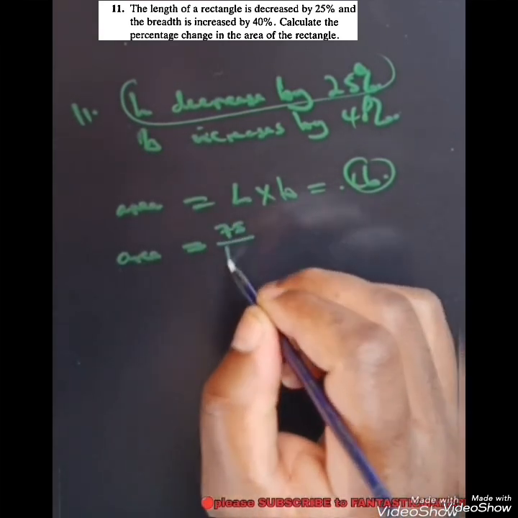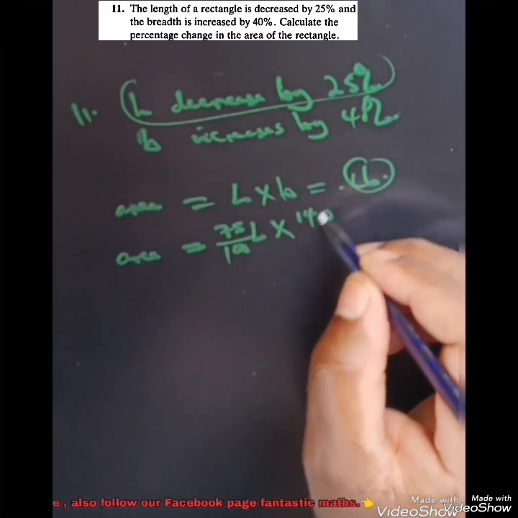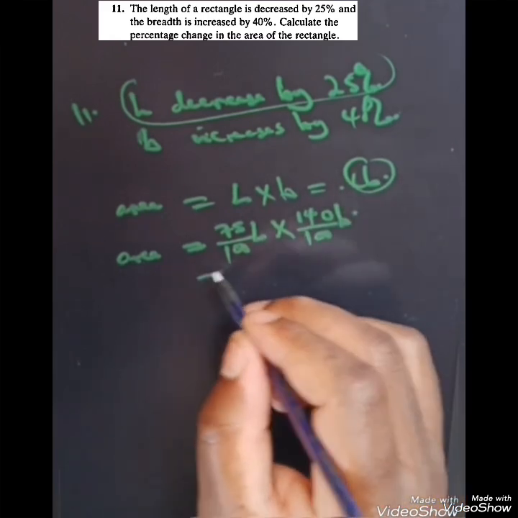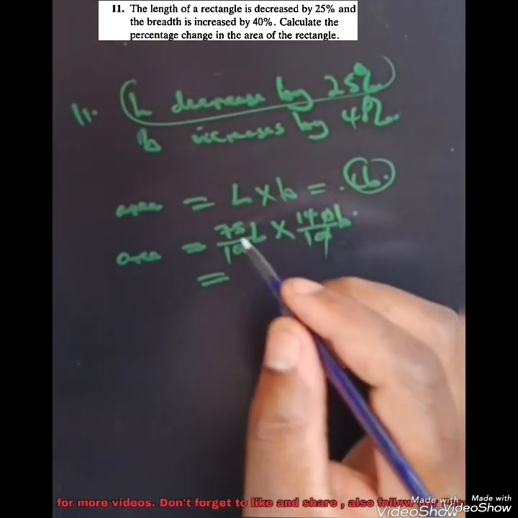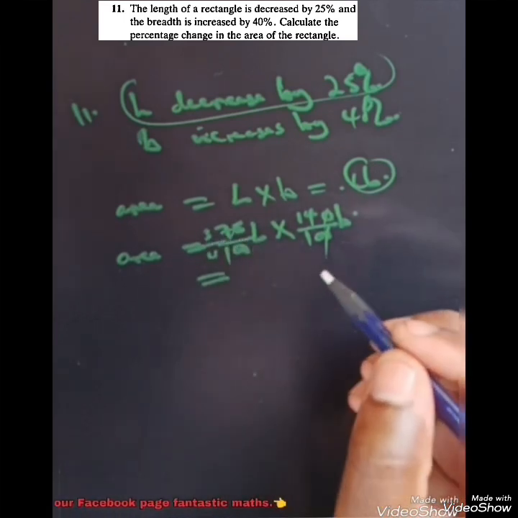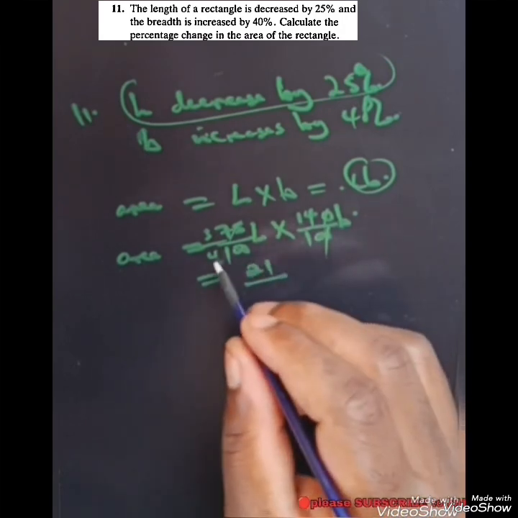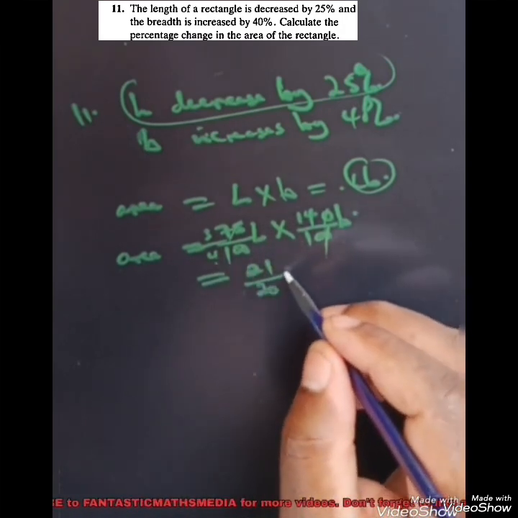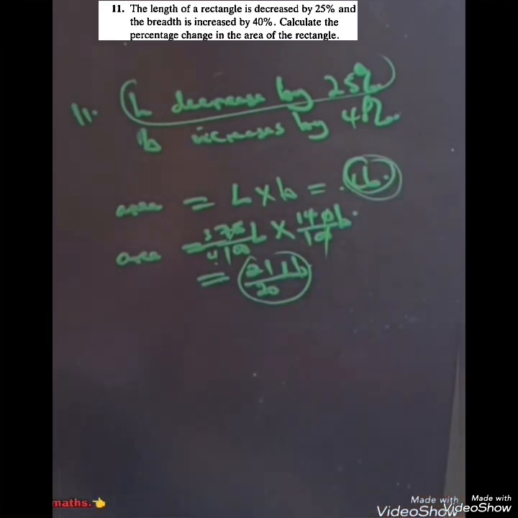Now, the new area is 75% L times 140 over 100 B. Let's reduce this so that you can easily multiply our figures: 3 over 4 times 7 over 5, what are we having here? 21 over 20 LB.